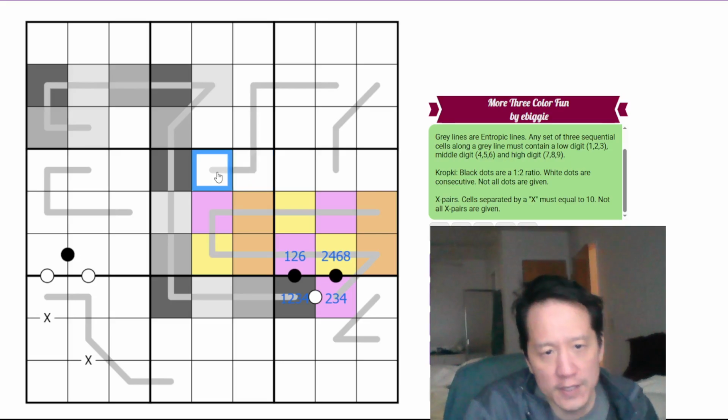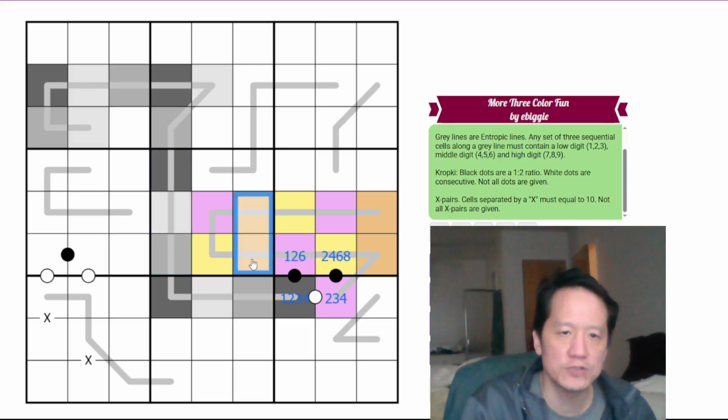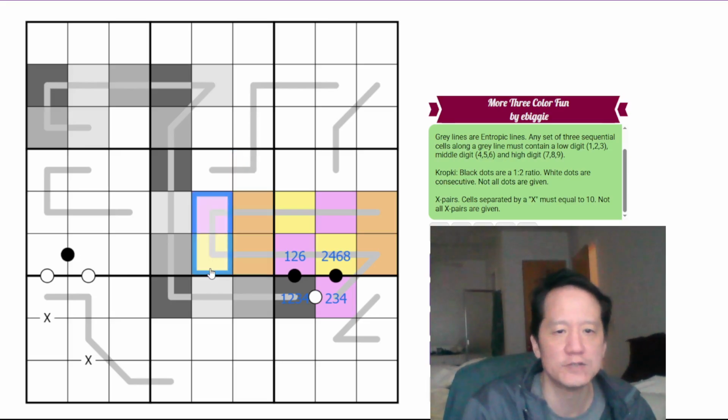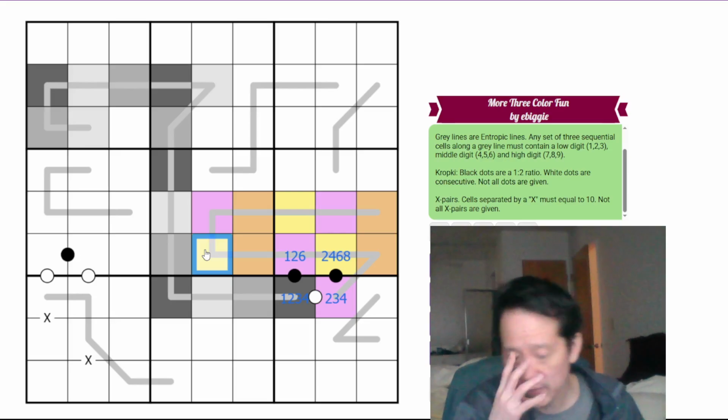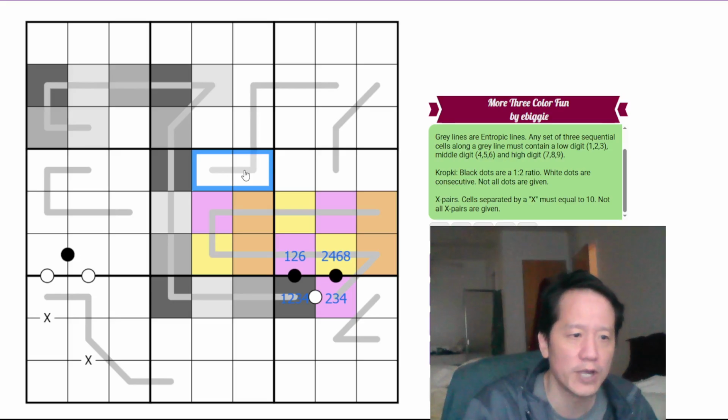So in these cells, this is interesting. In the middle box, we have 3 cells here, which must be one of each set. We also have 2 cells here, which have to be one set, and then one each of these cells, these sets. So these 2 sets must be yellow and pink, right?